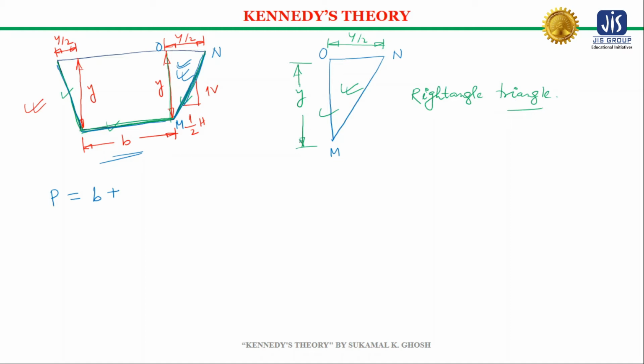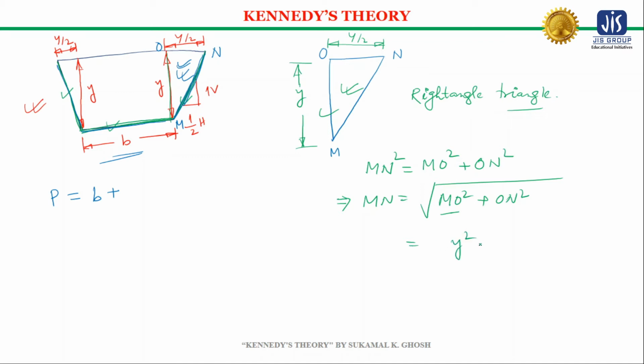If you apply the Pythagoras theorem for this triangle, you will have MN square is equal to MO square plus ON square. And from here you will have MN is equal to root over MO square plus ON square, and MO is nothing but y, so y square plus ON is y by 2, so y by 2 whole square.